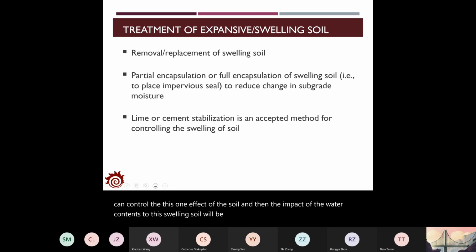The last one, which is also commonly applied, is applying some stabilizations, such as lime or cement stabilization for the subgrade soil. And then we can control the swelling potential of the soil to some range that could be accepted by the pavement design. So all these three methods are applied for pavement design and pavement projects in modern days.